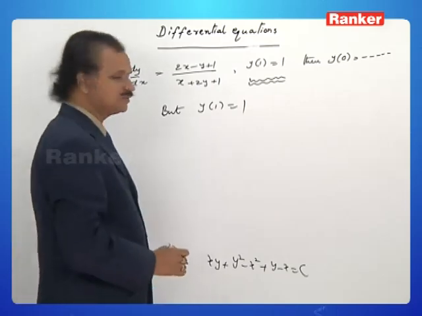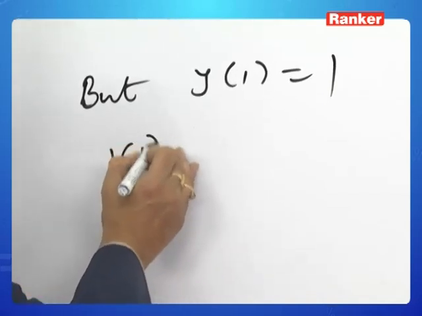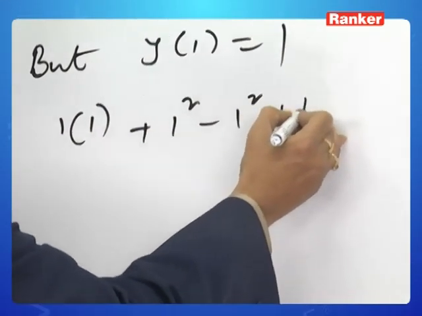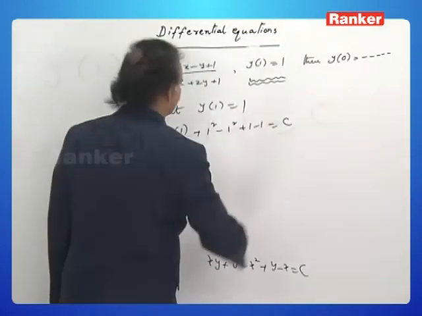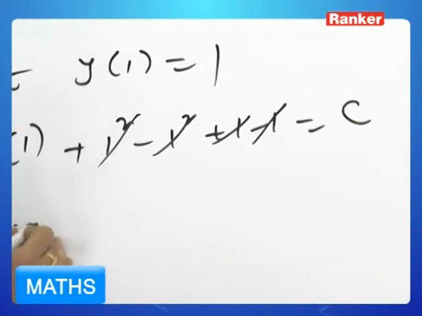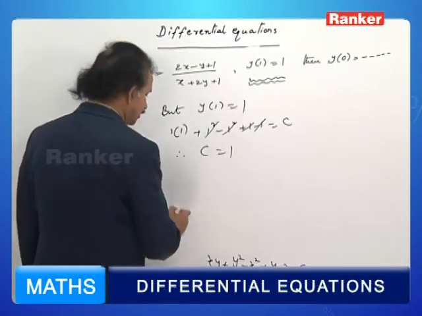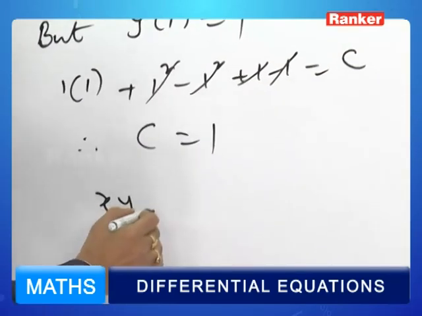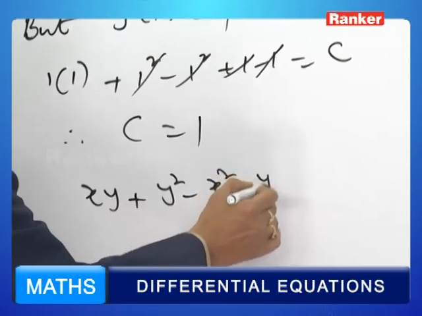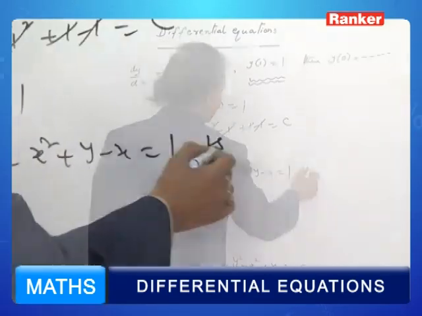The curve passes through the point 1, 1. Make use of it. 1 into 1 plus 1 square minus 1 square plus 1 minus 1 is c. 1, 1, 1, 1. Therefore, c is equal to 1. Therefore, xy plus y square minus x square plus y minus x is equal to 1 is the solution.